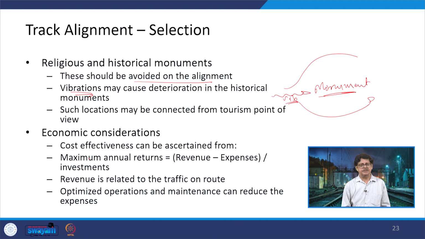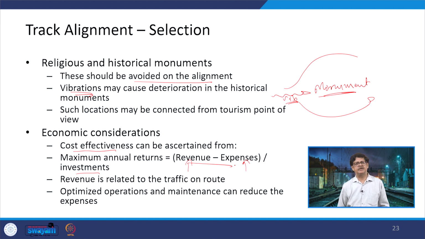The economic considerations, though we have discussed, but just summarizing here, cost effectiveness, and cost effectiveness can be looked at in terms of revenue, in terms of expenses, in terms of the investments. So, what is the total investment which is being done, what you are generating out of it in terms of say the freight movement or a passenger movement, and what are the various operational expenses which are there.